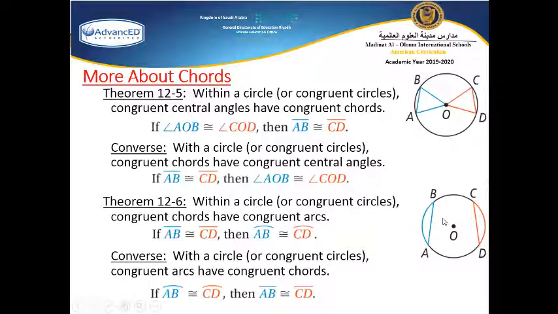The chord AB congruent to CD means arc AB is congruent to arc CD, and its converse: if arc AB is congruent to arc CD, then the two chords AB and CD are congruent.